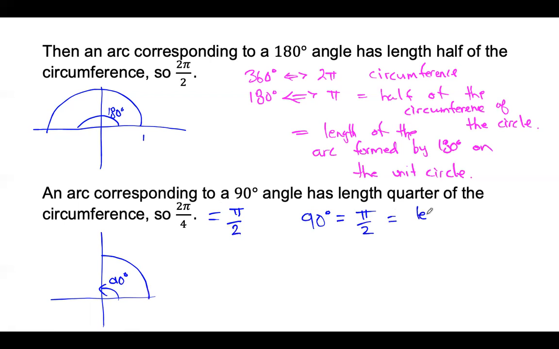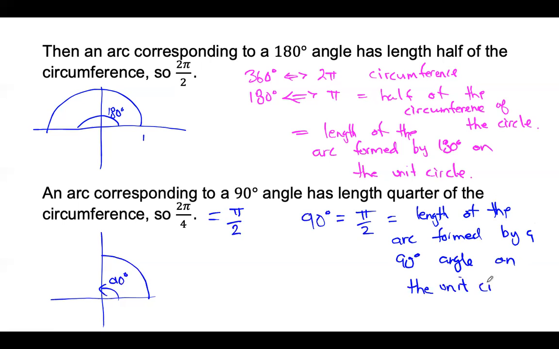And this is equal to the length of the arc formed by a 90-degree angle on the unit circle. And this is the case where r is equal to 1. Our angle here is 90. So this is our arc length.